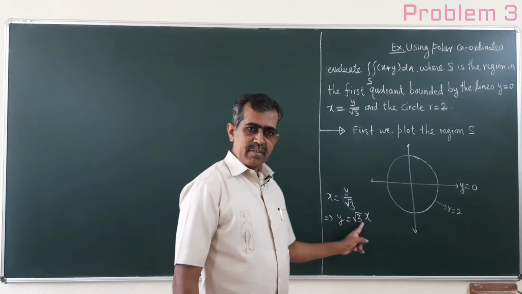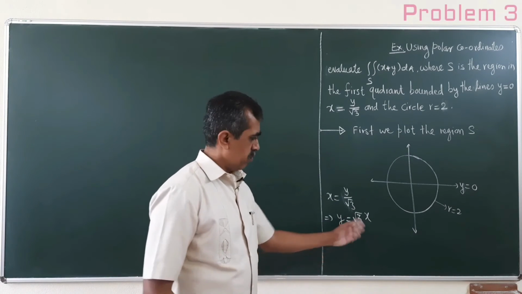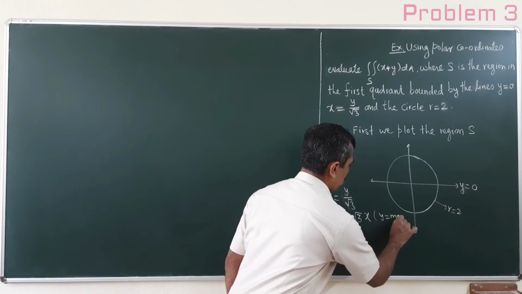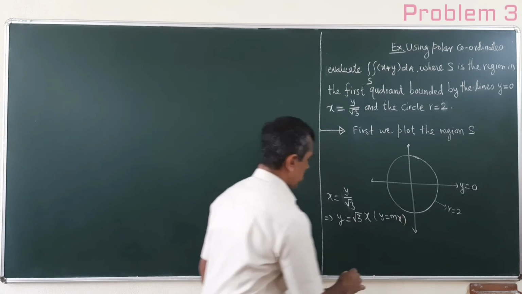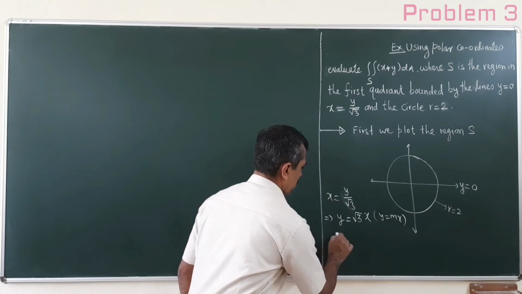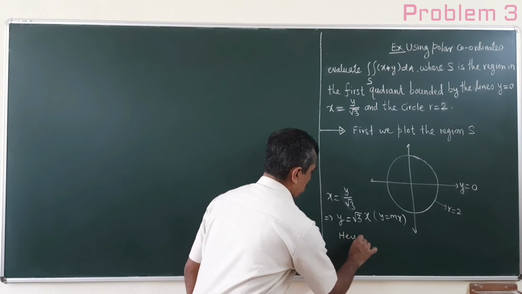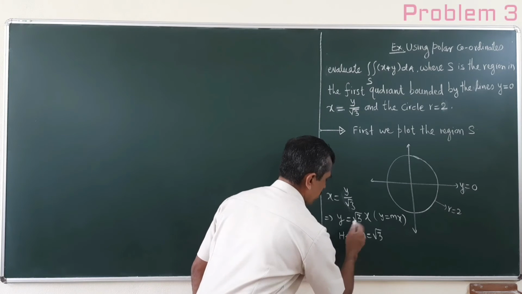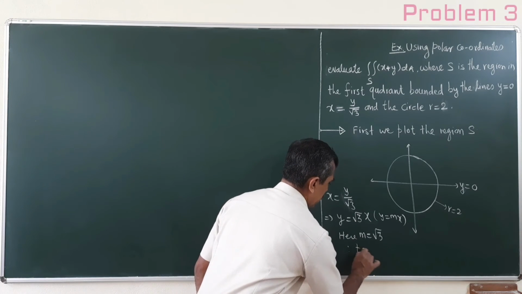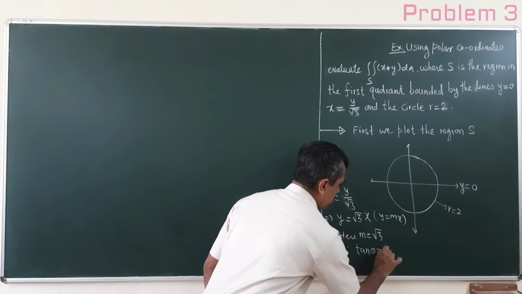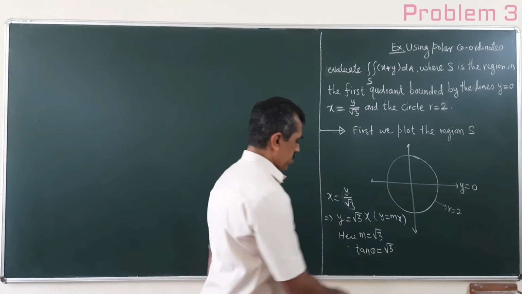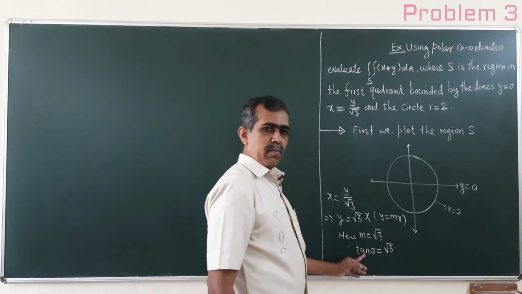Do you observe what this is? It is of the type y is equal to mx, where m is equal to root 3. So what is tan theta? Tan theta is root 3, because slope is given by tan theta.